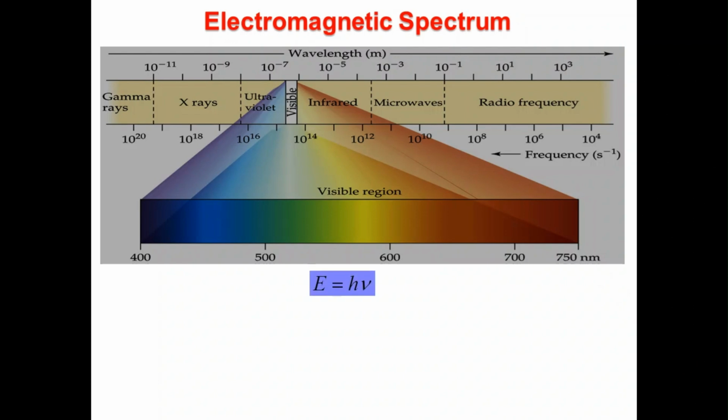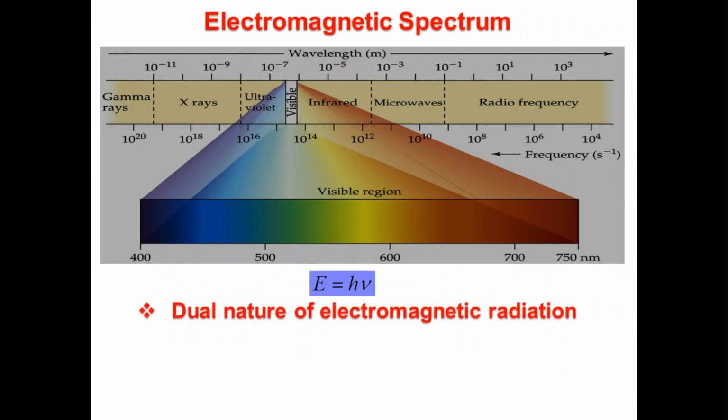We can also find the energy if we know the frequency. If we multiply it with Planck's constant h, then we can find the energy. So how can we tell whether this is a particle nature or a wave nature? Particle nature means it has certain mass and certain velocity.